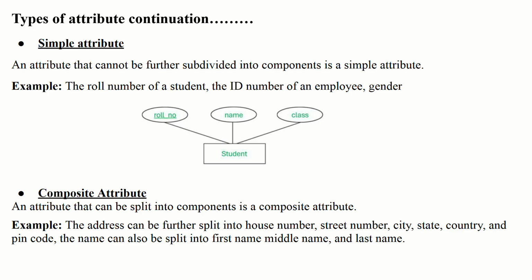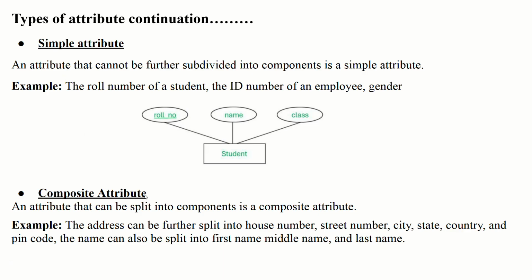All of these come from a single attribute called name, but they divide that attribute into first name, middle name, and last name, three components. This is just for an example. So a simple attribute is one we cannot further divide.